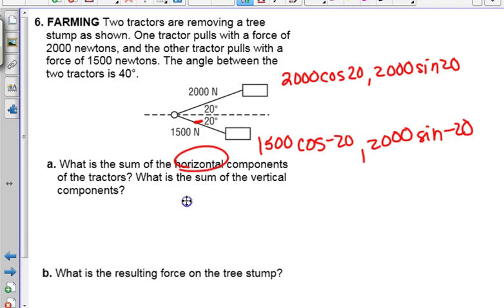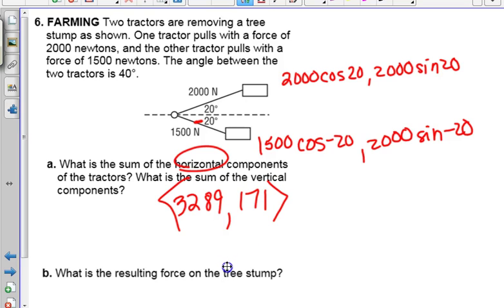I asked this on the quiz because I want to know if you know the difference. What's horizontal? Left and right, which would be which ones? The x, right? So 2,000 cosine of 20, close parenthesis, plus 1,500 cosine of negative 20 is 3,289. I'm just going to round to a whole number. 2,000 sine of 20 plus 1,500 sine of negative 20 is 171.